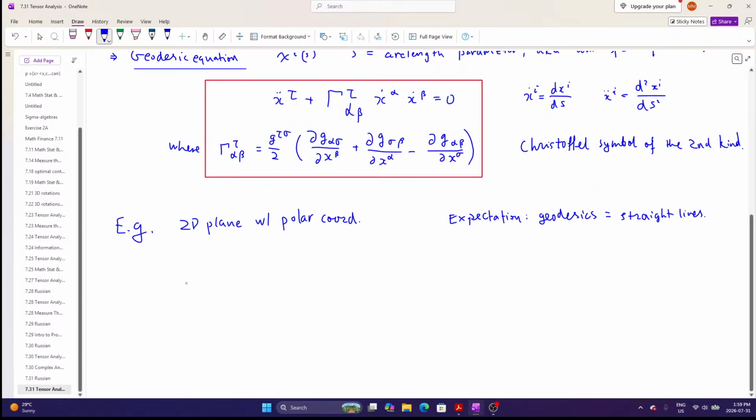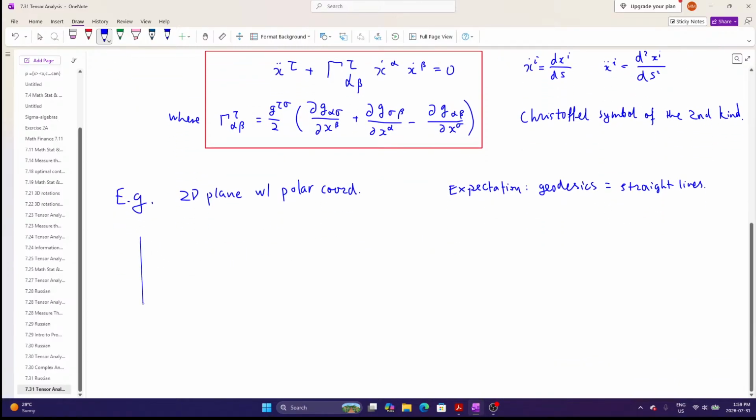Okay, so here's the polar coordinate. I'm just drawing a sort of background Cartesian coordinate, which of course will be discarded very soon, just for the purpose of defining polar angles. So this is r and this is theta.